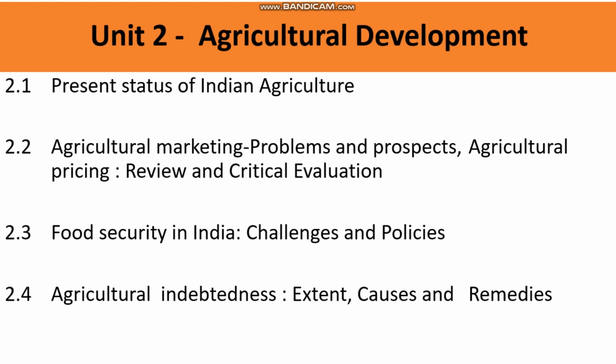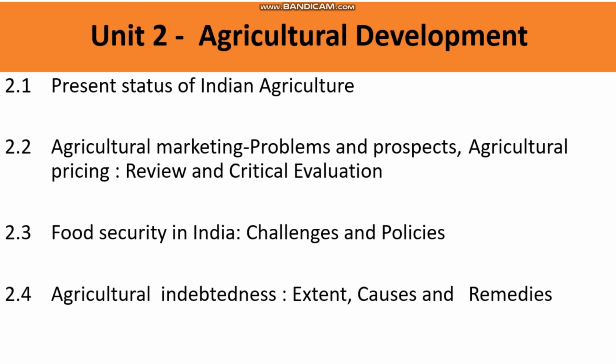What amount of food grains is the agricultural sector supplying to our economy? Whether the supply of food grain is sufficient for our country? So these are the points which will be discussed in this particular point on the present status of agriculture in the Indian economy.